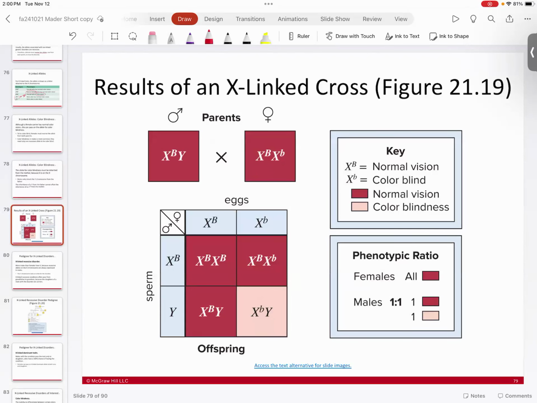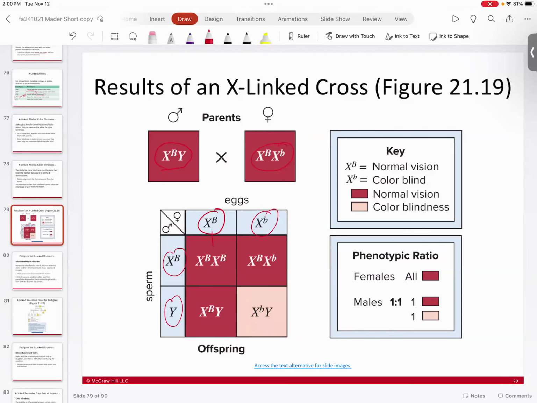If you take a look then at color blindness, here is basically a normal color vision dad with a carrier mom. The dad can either give an X big B or a Y, and mom can either give an X big B or an X little b.